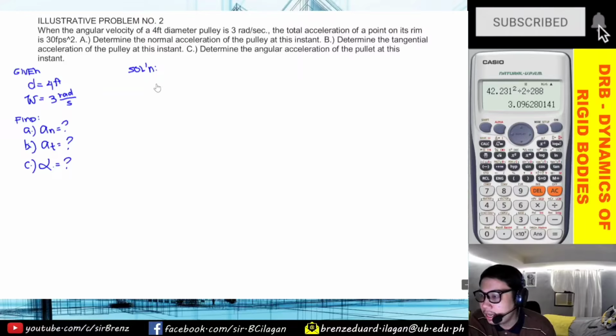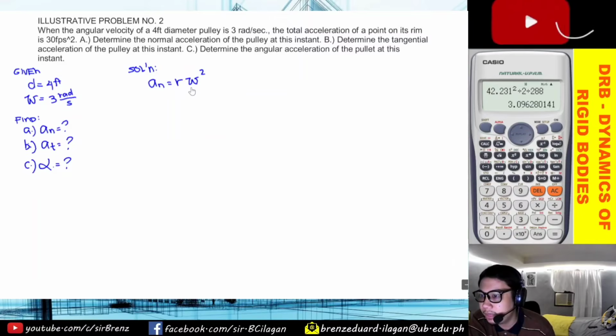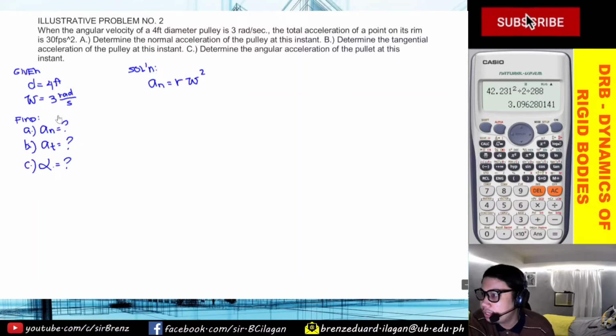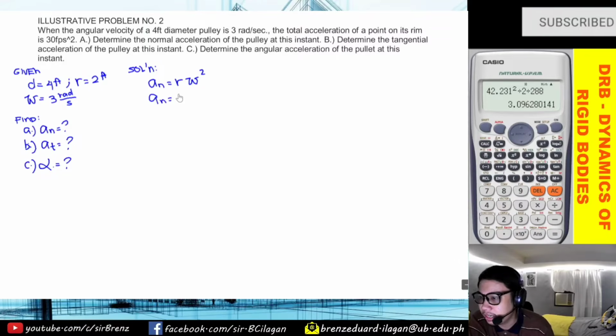So, ano nga yung equation natin for the normal acceleration? Di ba ito is given by the equation r omega squared. Given naman yung ating angular velocity, knowing na yung ating r is just half of the diameter, or that is 2 feet. So, mahanap natin yung kanyang normal acceleration.